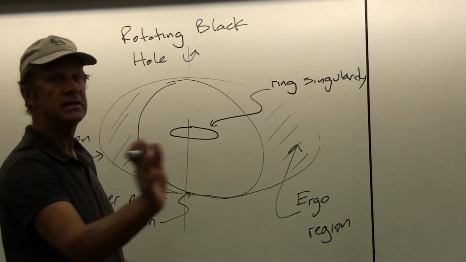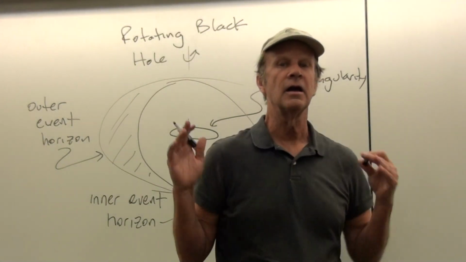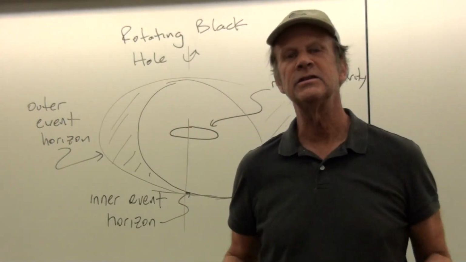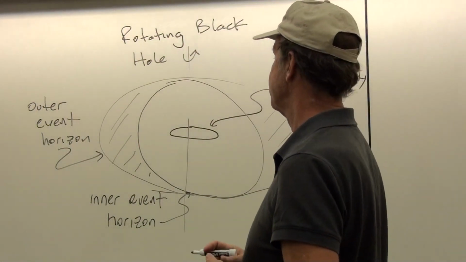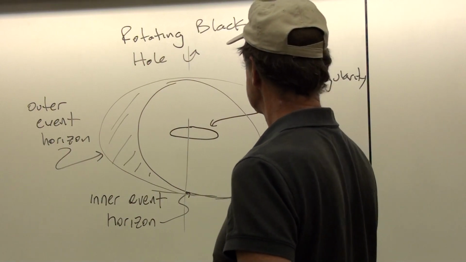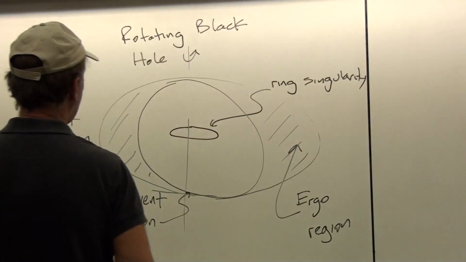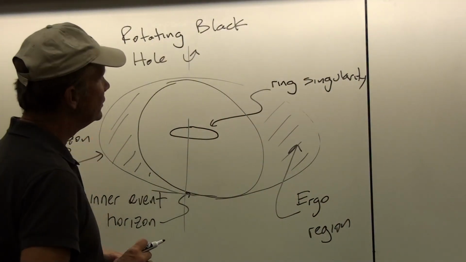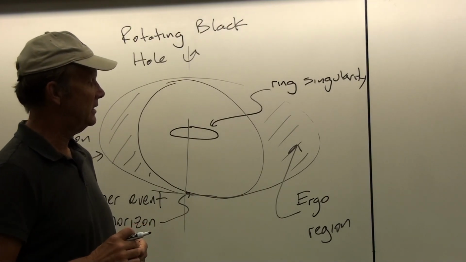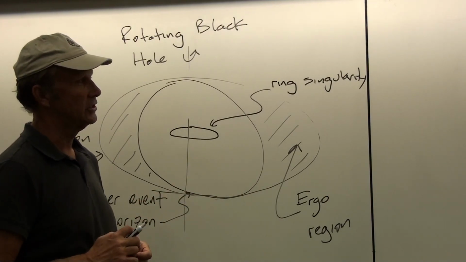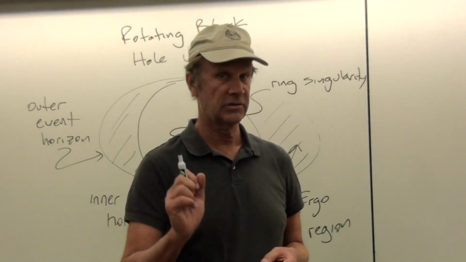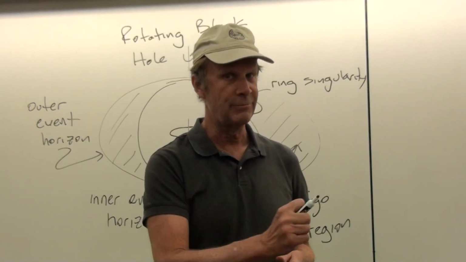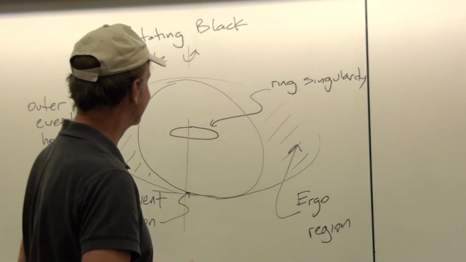You have to be essentially carried along with the space and time that's being dragged around the black hole by the rotation. And so this is sometimes called frame dragging and has been conclusively demonstrated in less exotic situations with rapidly rotating stars, that there is some space-time dragging that's taking place.